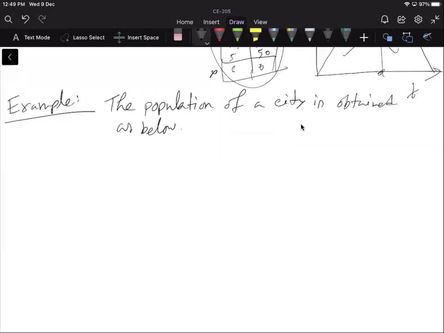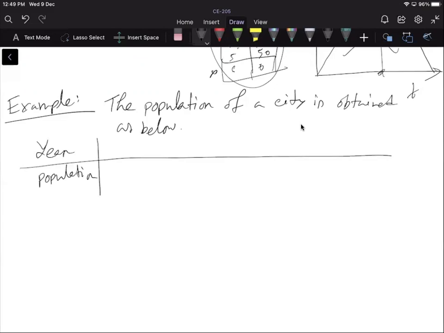Suppose you have year versus population data. The years are 1951, 1961, (this is an actual worked example from books) 1971, 81, and 1991. The populations are represented in thousands.